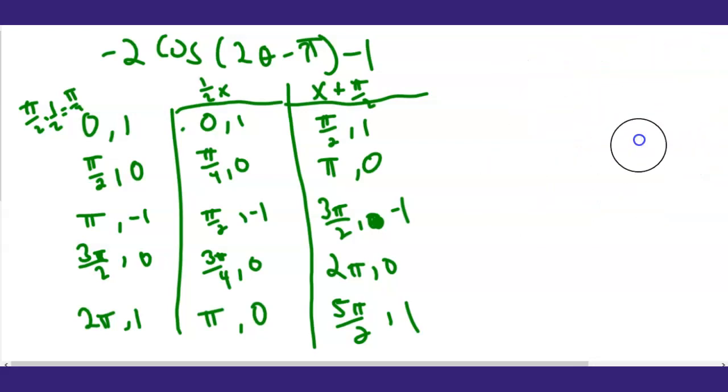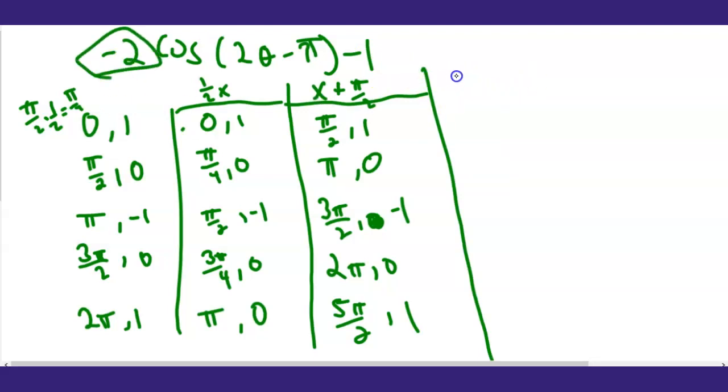Now, when you do the y values, you have to multiply the y values by the whole value out front, so negative 2y now. These x values won't change.